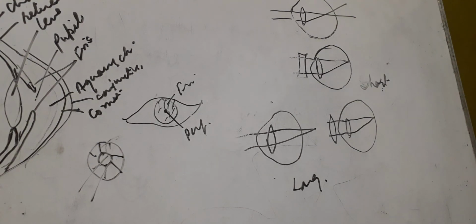Now some other defects. Astigmatism is a defect in which some parts of the object are seen in focus while others are blurred. Presbyopia is a condition affecting older people who cannot see near objects, and cataract is a condition in which the lens turns opaque.